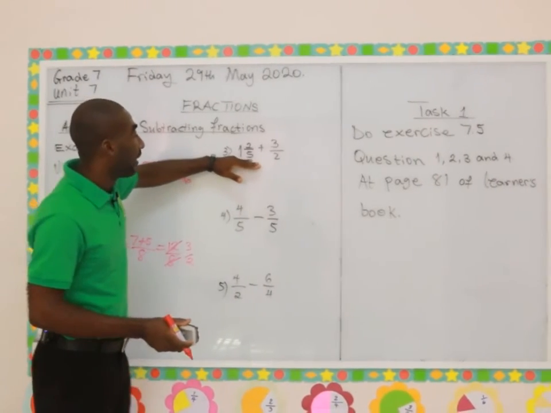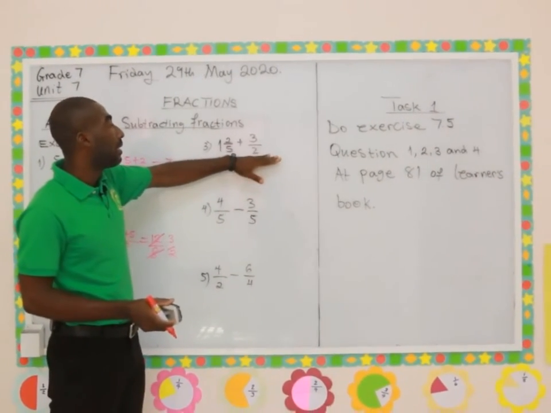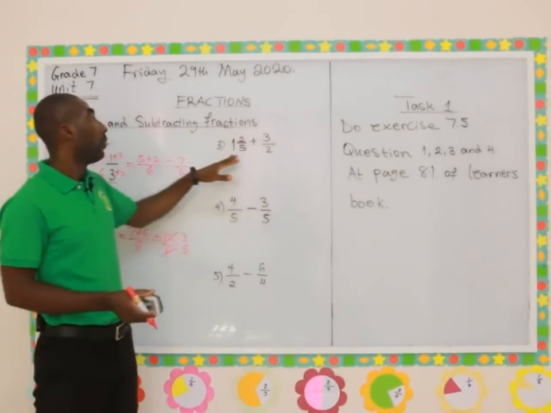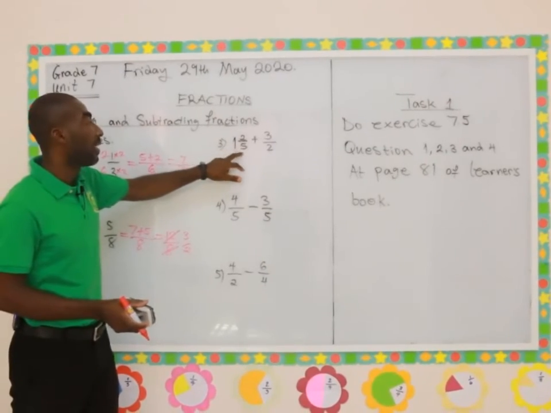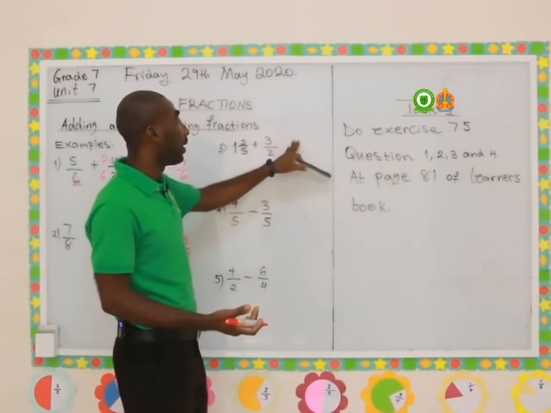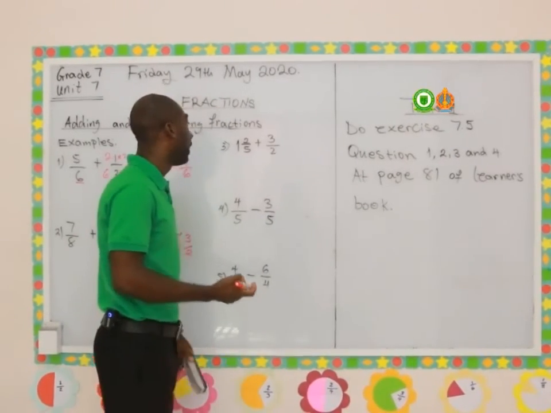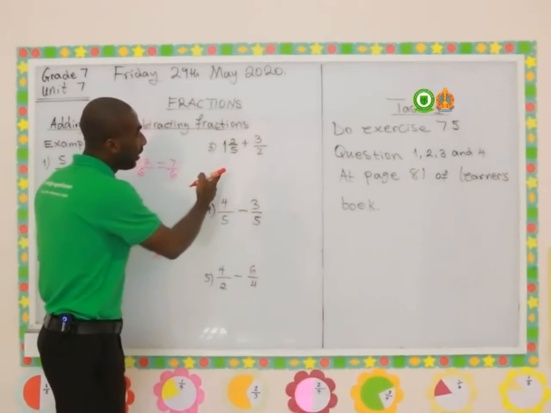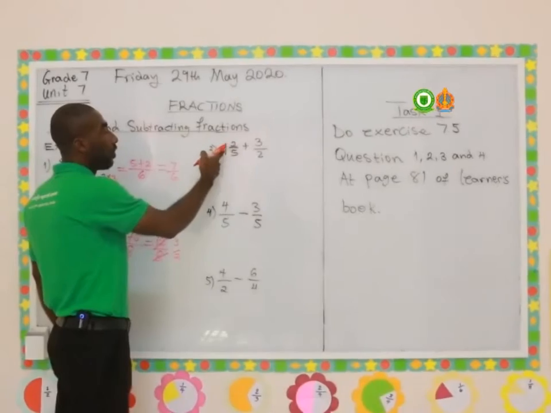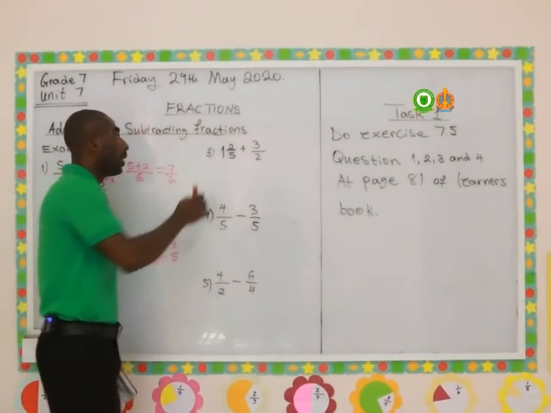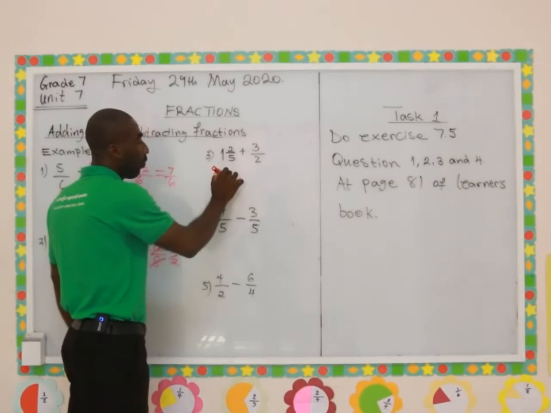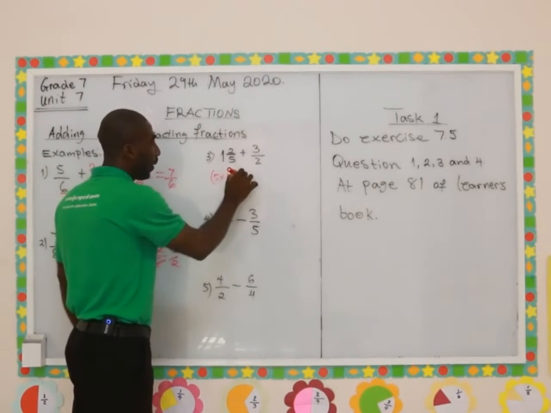We have a mixed fraction that we need to add to an improper fraction, okay? So we have to change this mixed fraction to an improper fraction before we can continue with our addition. To change this one, we multiply 5 by 1 and then we add the result to 2 over here. So it's going to be 5 times 1 plus 2.